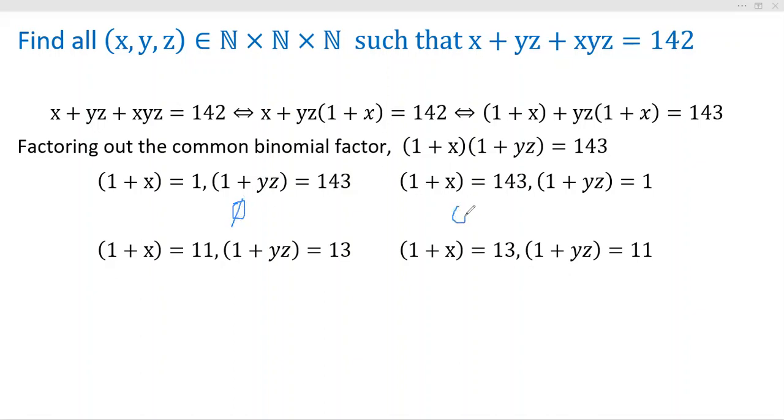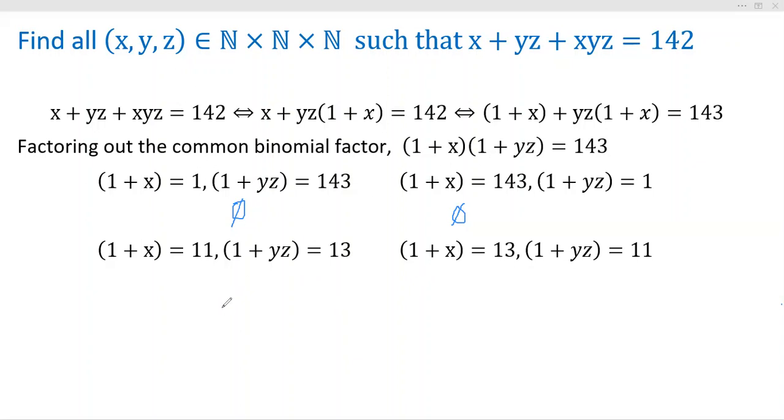And the reason is, to solve this equation, x would have to be equal to 0, right? And to solve this equation right here, the product yz would have to be equal to 0, which it can't be since we're looking for natural number solutions. So we're done as far as this very first step.